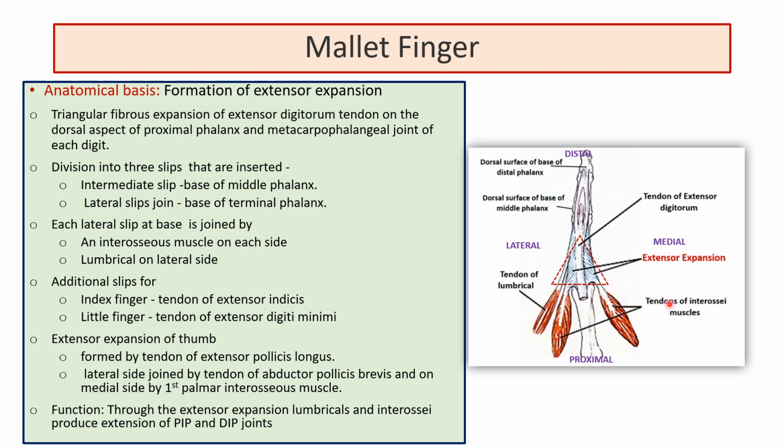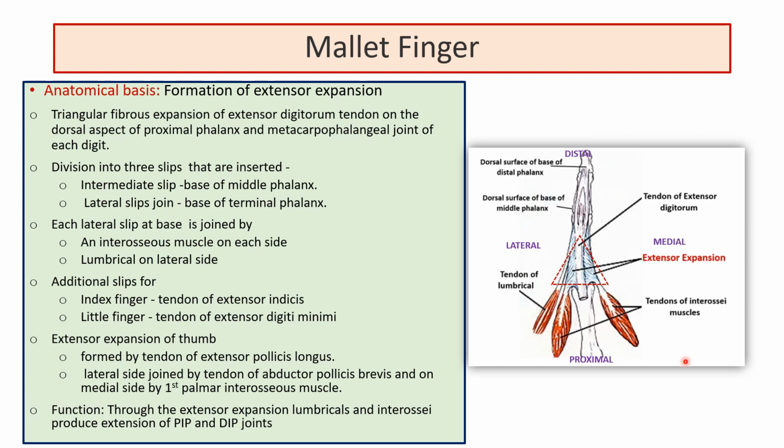The expansion for the index finger receives an additional strip of tendon of extensor indicis. Similarly, that of the little finger receives an additional strip of tendon of extensor digiti minimi.